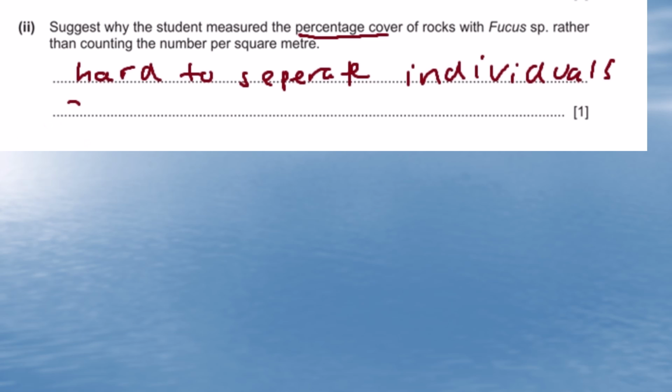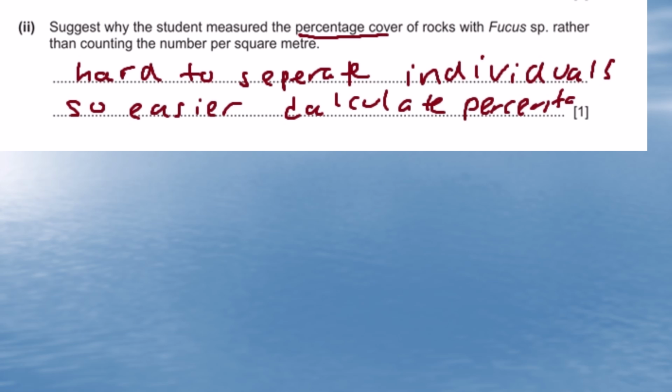So it's easier to calculate percentage of cover. Because if we are going around at low tide, the macroalgae would be lying down, and it will be hard just to see where one algae stops and where one begins. But when we have our quadrats, it's easy to go in and count. Okay, this many are covered, and then I can use that to calculate my percentage, also as we do in the 5.1, 5.2, and 5.3 practicals.